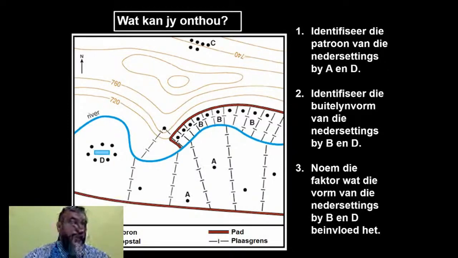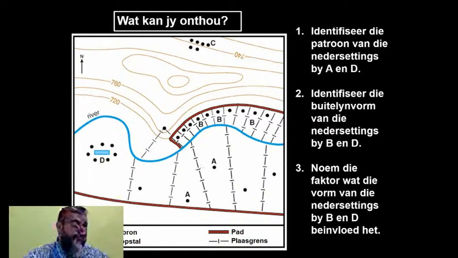Noem die faktor wat die vorm van nedersettings by B en D beïnvloed het. So, what is the factor that influences the shape of the settlement at B and D? So here you can use one of two. I would say the river was probably there before the road. Or you can say the houses are close to the road.